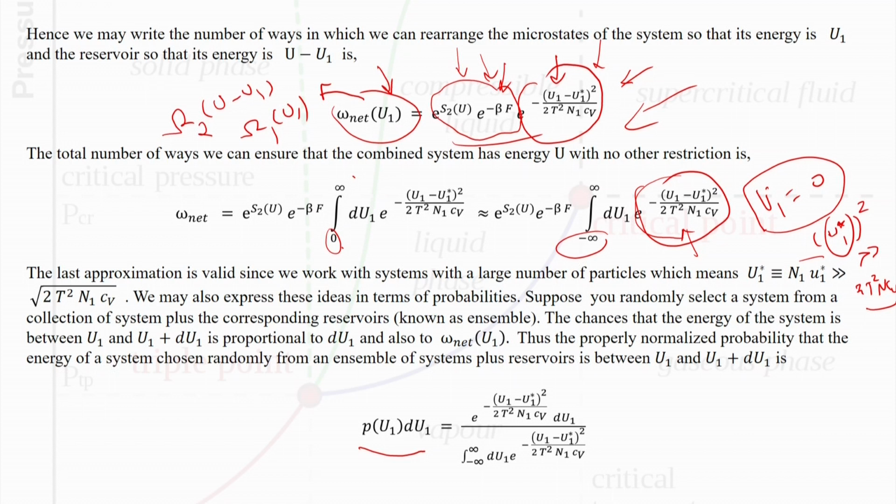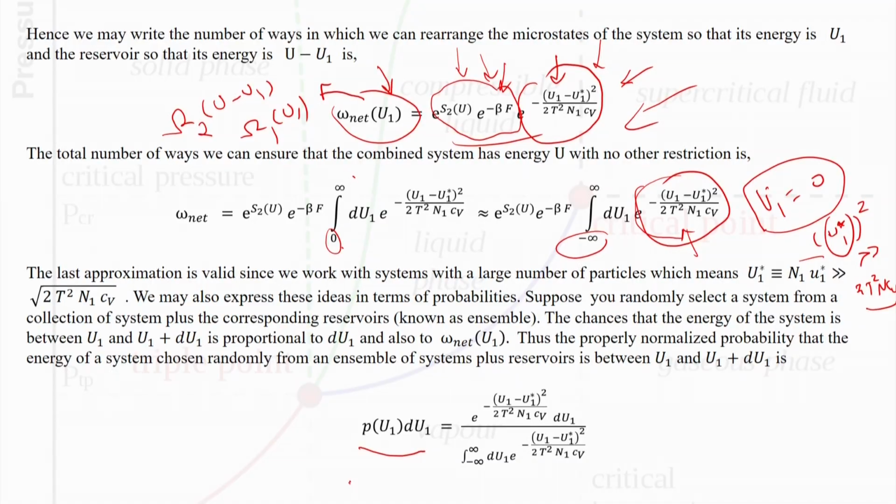So in this ensemble, you can ask what is the probability that the energy of the system is between u1 and u1 plus du1. The answer is that you count how many systems fall in that window, and you divide by the total number of systems in your ensemble.